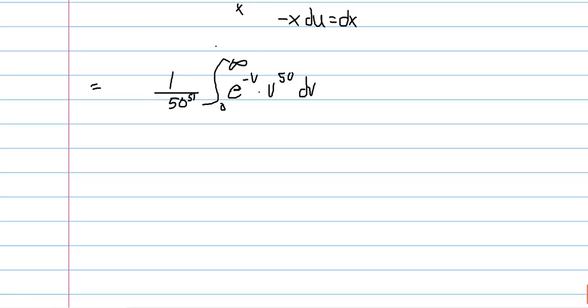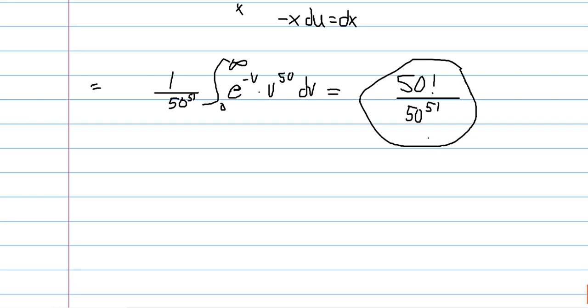Now we can use the gamma function, and we could say this is 50 factorial. So we get 50 factorial divided by 50 to the 51. And this isn't simplified much, but for our sakes it is. Or we could say 49 factorial over 50 to the 50.